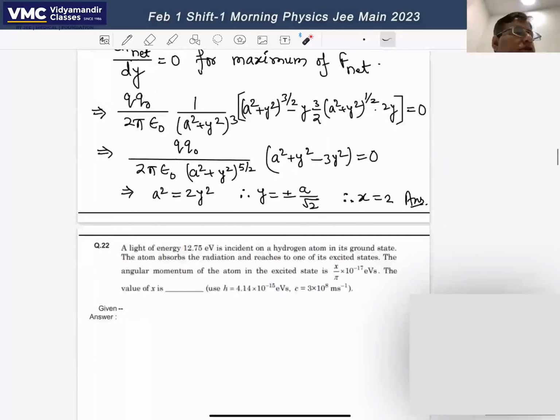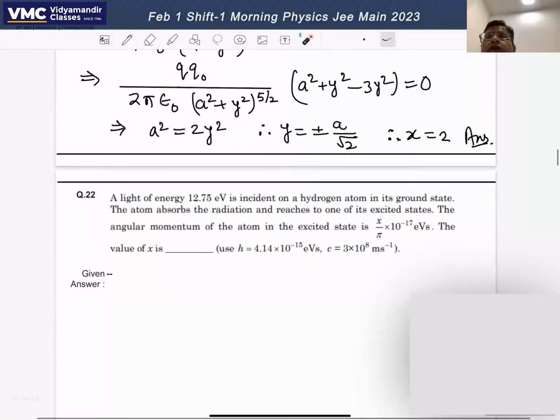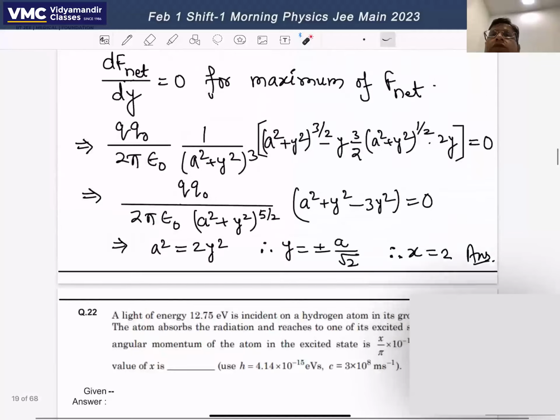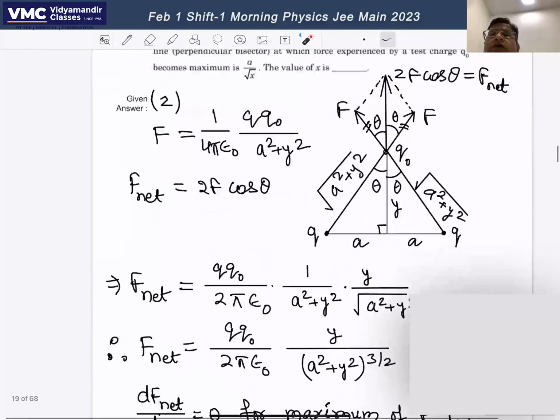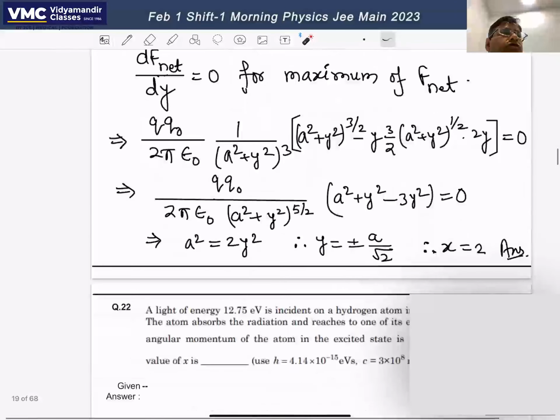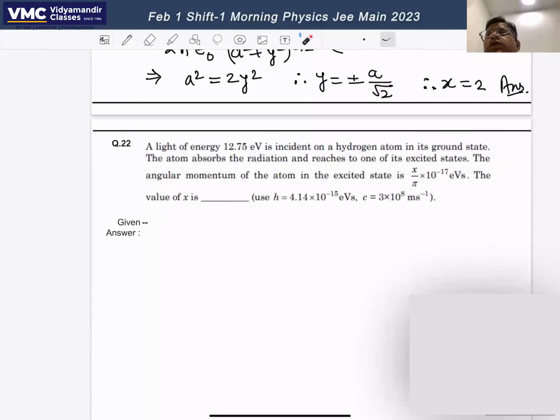Question number 22. In question number 22, a light of energy 12.75 electron volts is incident on a hydrogen atom in its ground state. The atom absorbs the radiation and reaches one of its excited states.